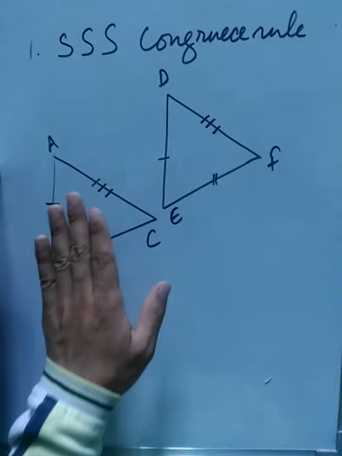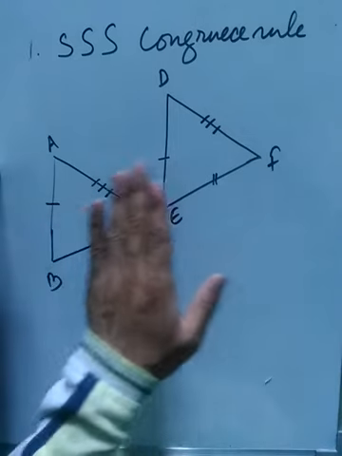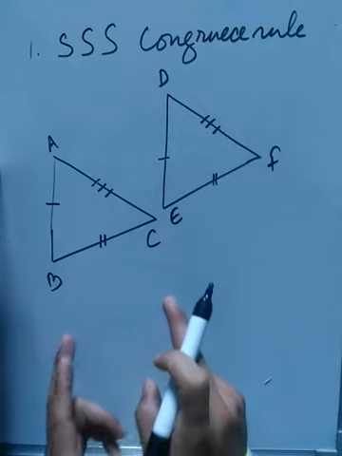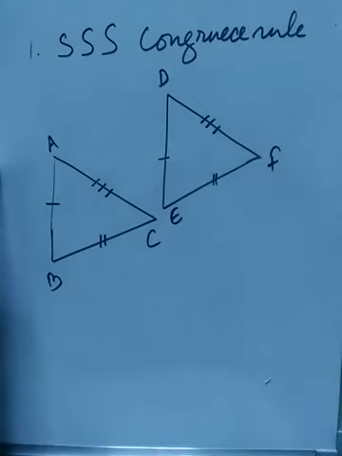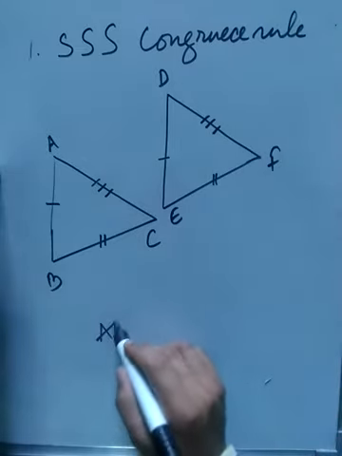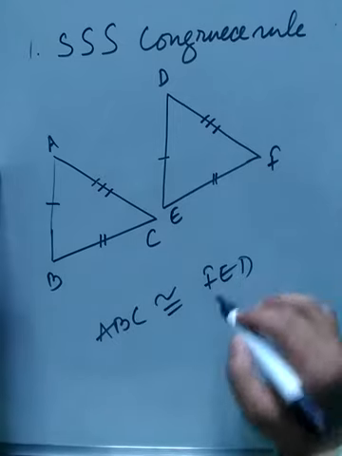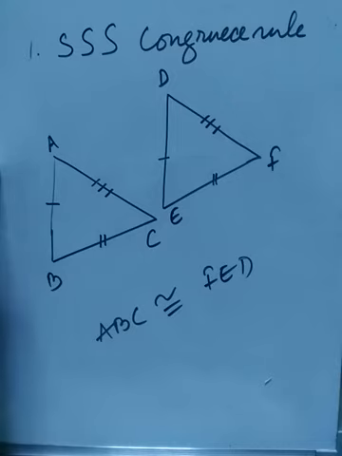That means this triangle is congruent to this triangle. So ABC is congruent to this triangle, but we need to follow a certain order. I can't simply say that ABC is congruent to FED. It may be wrong. So the order is very important.